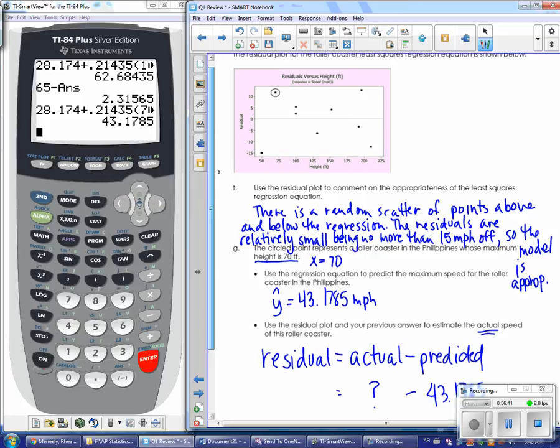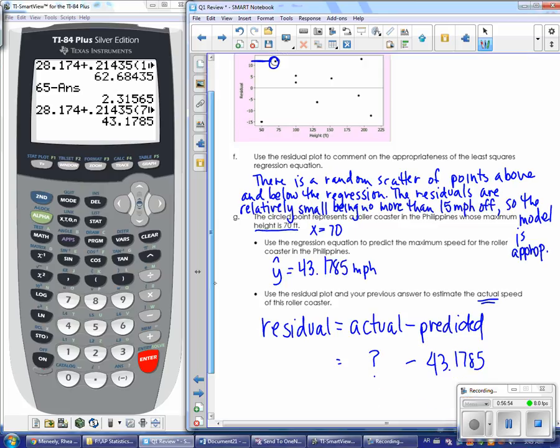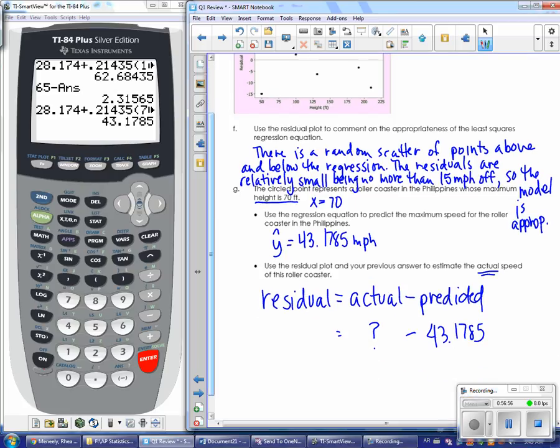That means that I should be able to figure out or estimate the residual. So if I go back up to my residual plot and look at this point here and I kind of come over to my axis, it looks like the residual for that value is 11 or 12. I mean, obviously, we might say it's a different number. It's just an estimate. So make sure you show all your work. So if I want to estimate what the actual value is, I'm going to need to add the 43.1785 to both sides.